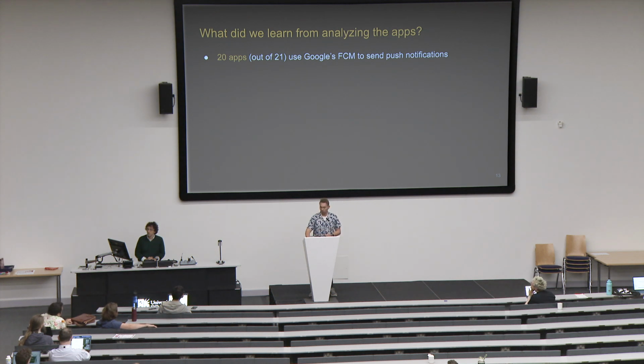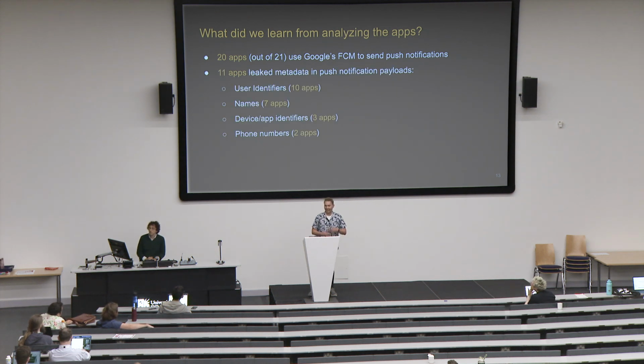Looking at the 20 apps that do rely on Google's FCM, we found that 11 apps leaked metadata in push notification payloads. And in this case, when I'm talking about metadata, I basically mean personal information that is not the contents of the message itself. So things like user identifiers or names or device identifiers, and phone numbers in the case of 2 apps.